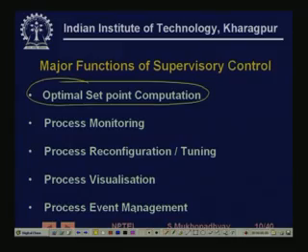Similarly, sometimes all this is done manually. If it is to be done by operators, then the operator has to be given a very good insight about the things that are happening in the plant, which may be quite far away from the control room. So, there is a process visualization system, man machine interfaces, which have to be provided. And similarly, process event management. I mean something trips, some alarm goes, some pressure level shoots up.